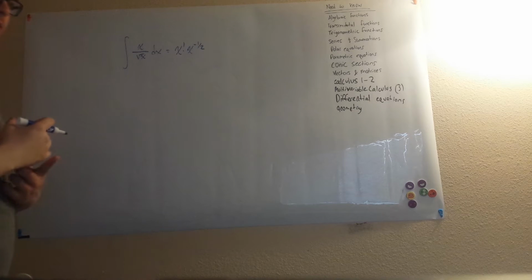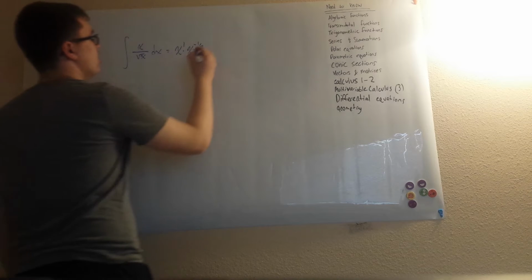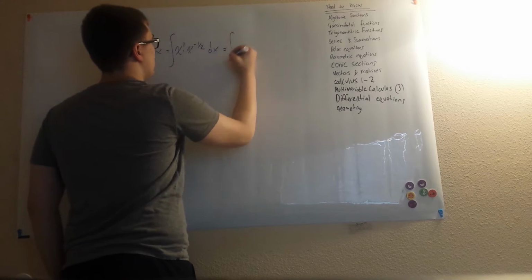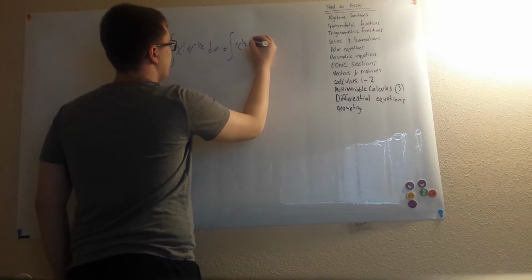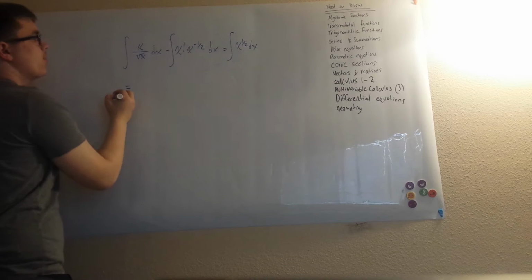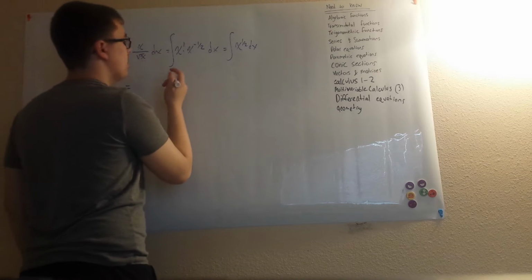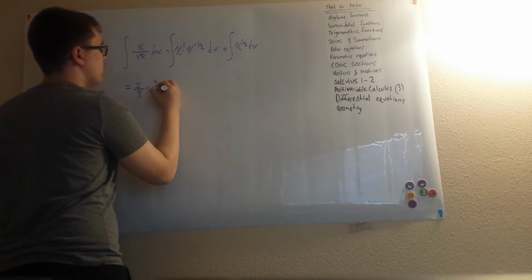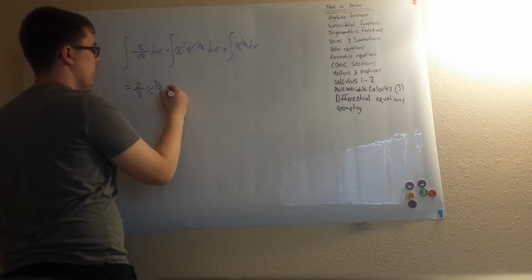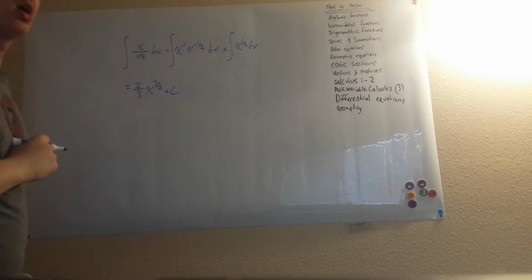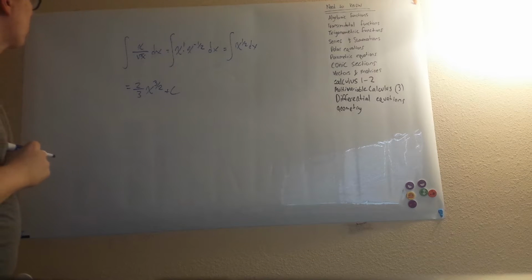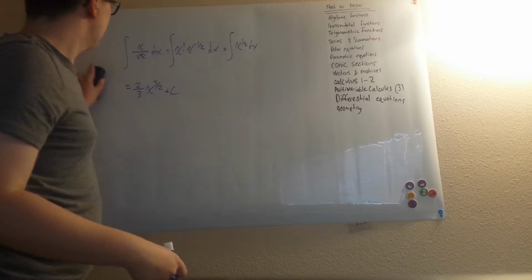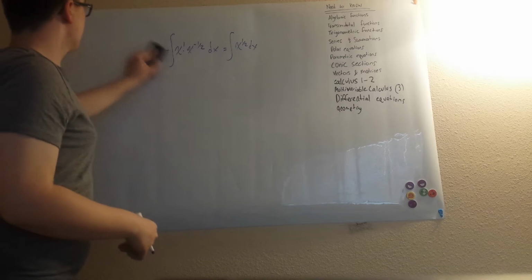Add the exponent, and you get the integral of x to the 1/2 dx. You add 1 and divide by the new exponent, and you put a plus C. Let's check that's right. Okay, so that gives us our answer, and yeah, we can do it.